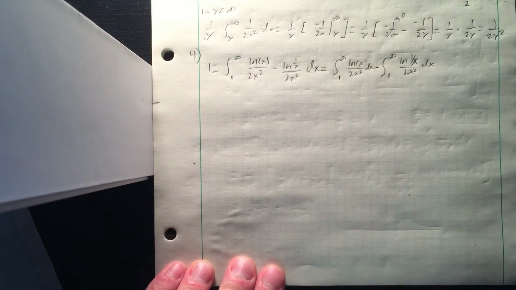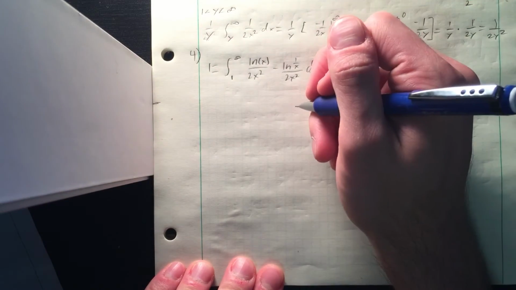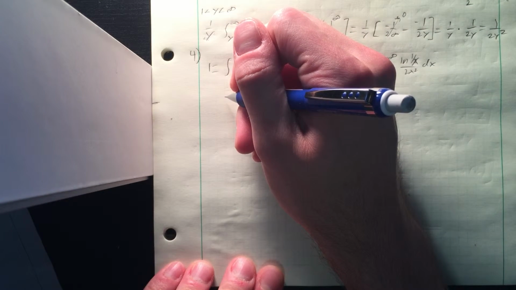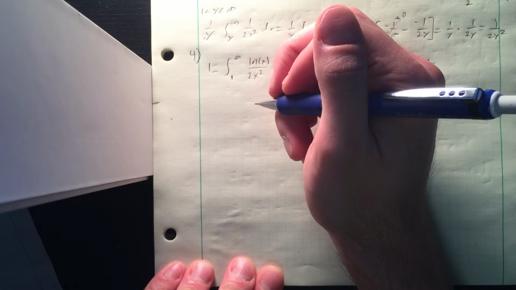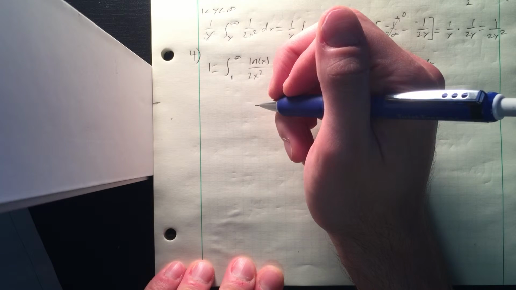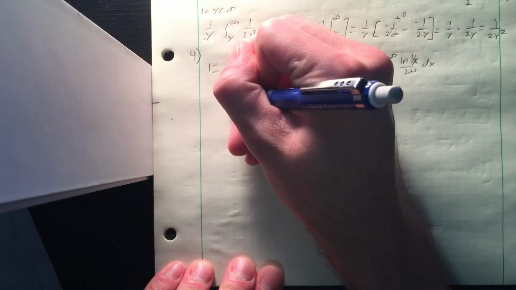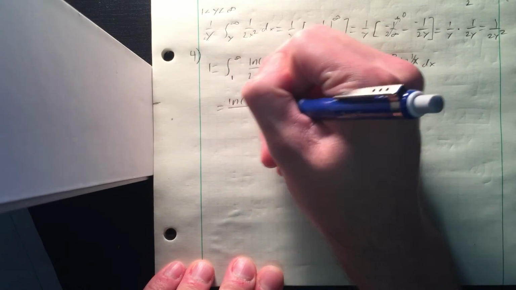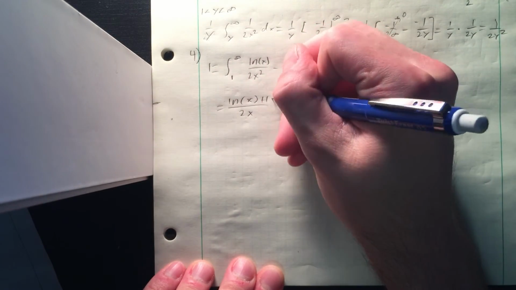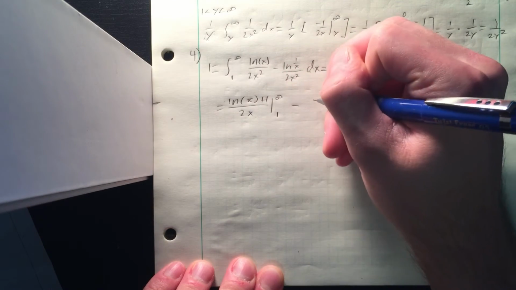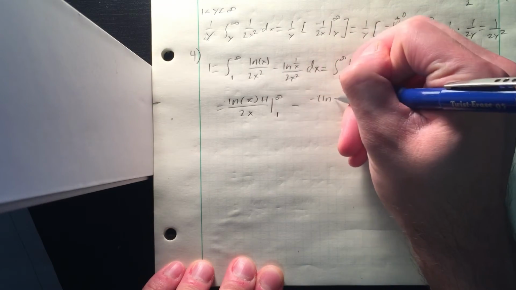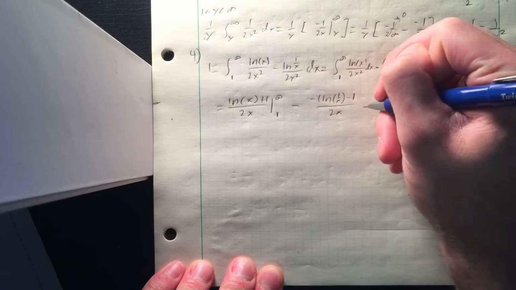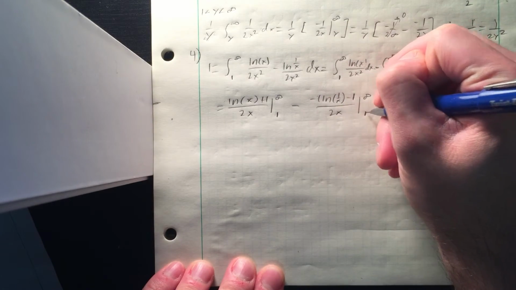Now we integrate on both sections there, so we have the ln x plus 1 over 2x from infinity to 1 minus negative ln 1 over x minus 1 over 2x, infinity to 1.